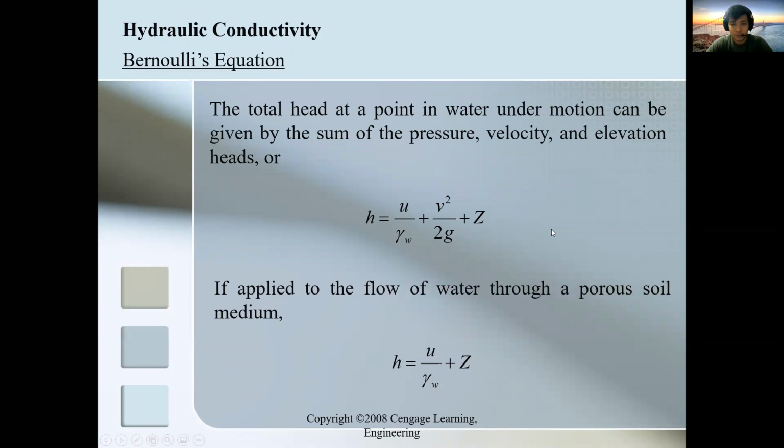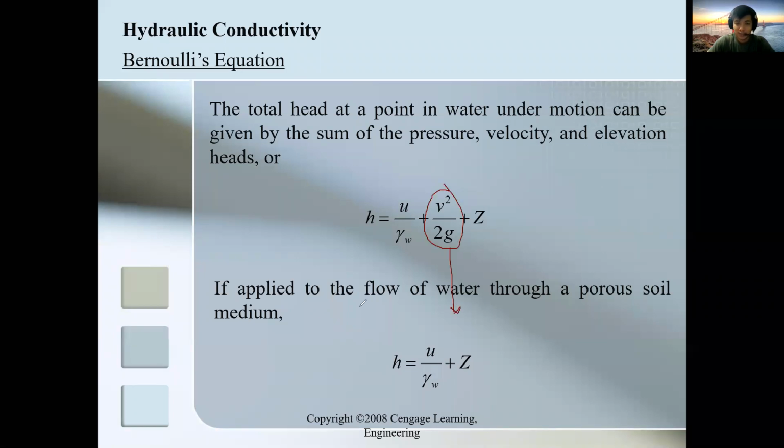So if applied to the flow of water through a porous soil medium, the equation simplifies to the pressure head plus the elevation head. Now, where did the velocity head go? Why did the velocity head disappear?